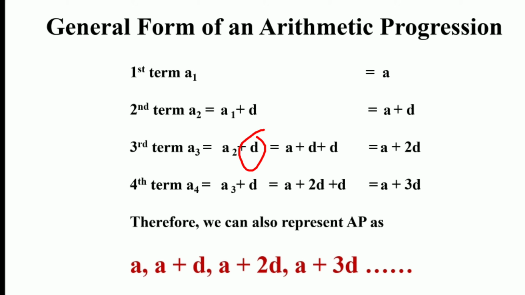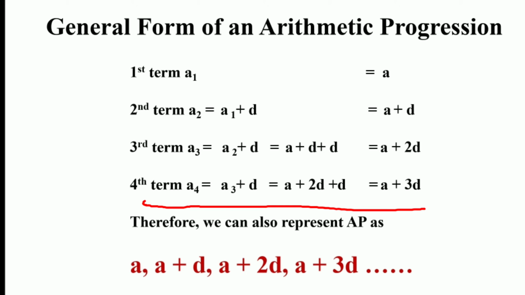So the first two terms in our sequence are a and a plus d. For the next term, that is the third term, let us add another d to the last term, and we have a2 plus d. That means a2 here is a plus d, plus d, so it is equal to a plus 2d. Similarly, the fourth term is equal to a3 plus d.